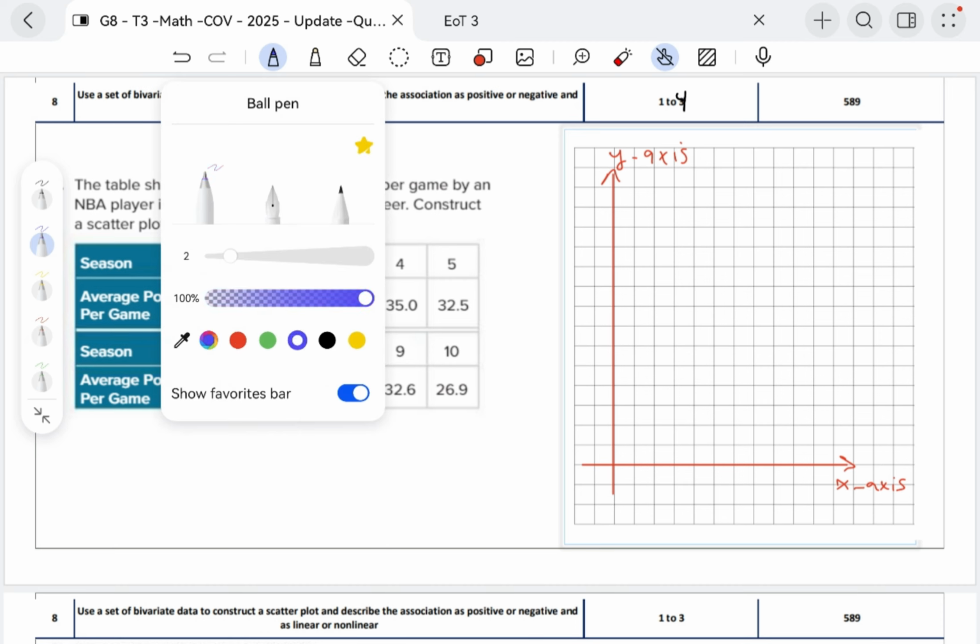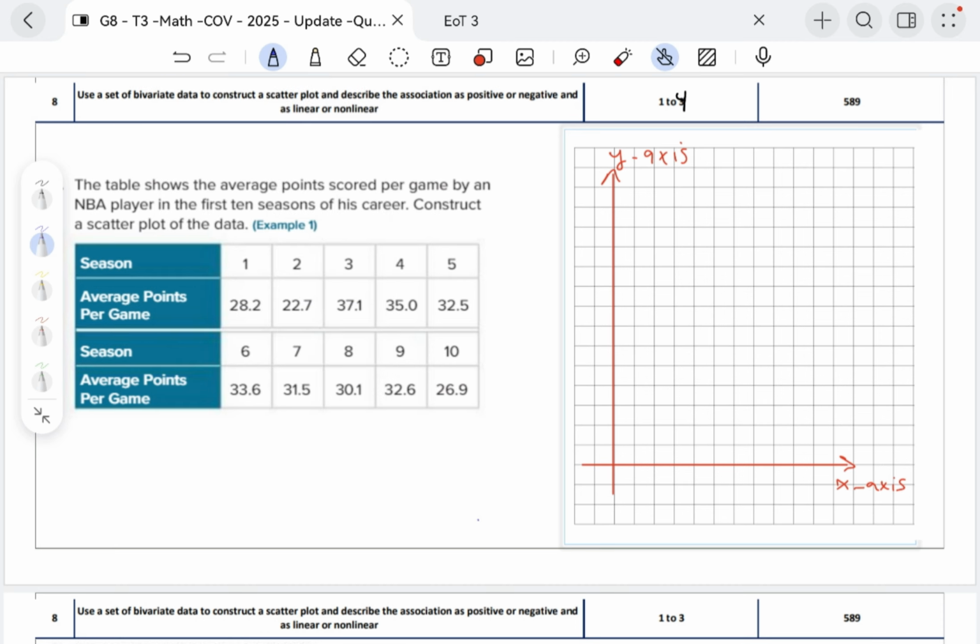We usually choose the x-axis for the independent variable, which is the season number, and we're gonna choose the y-axis for the dependent variable, which is average points per game. So here we're gonna write season, and for the y-axis we're gonna write average points scored per game.